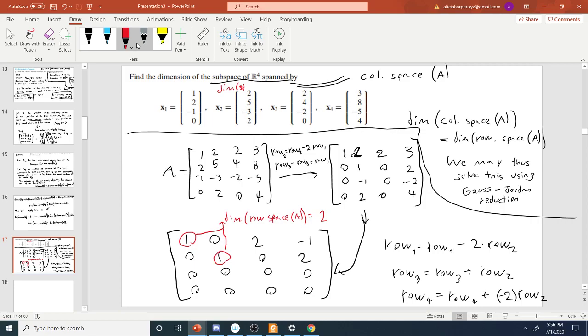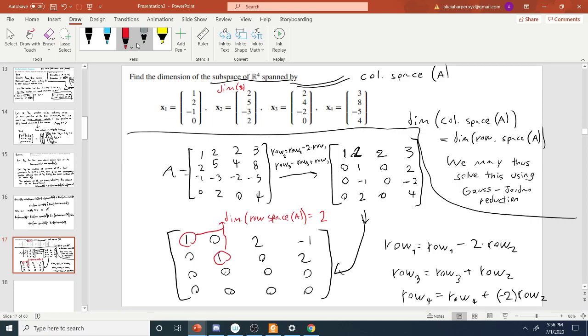And so this example illustrates how problems involving the columns of a matrix can often be studied in terms of the rows of the matrix. And we've already learned a sequence of operations that allow us to easily study the rows, namely Gauss-Jordan reduction. So that's the beauty of this theorem that we've just proved.